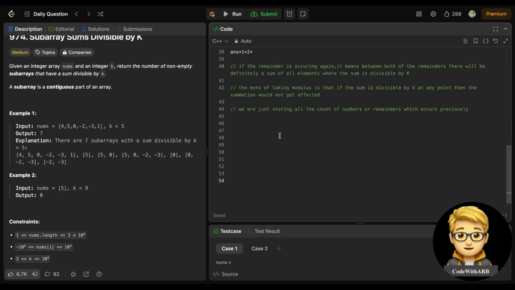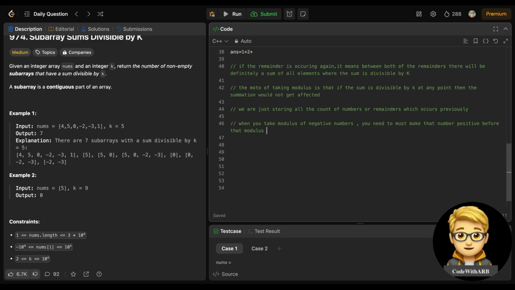So when you take modulus of negative numbers, you must make that number positive before taking modulus.